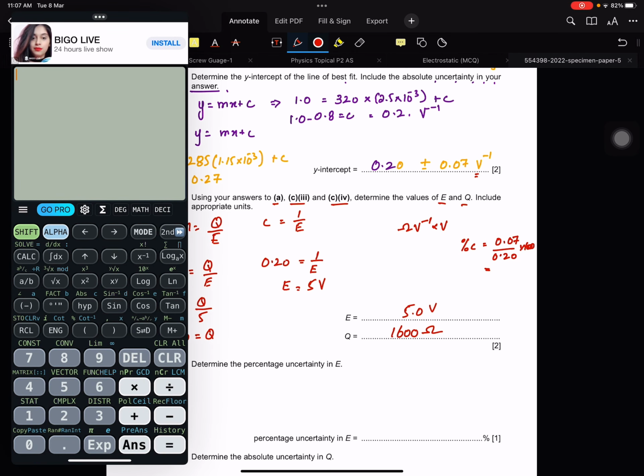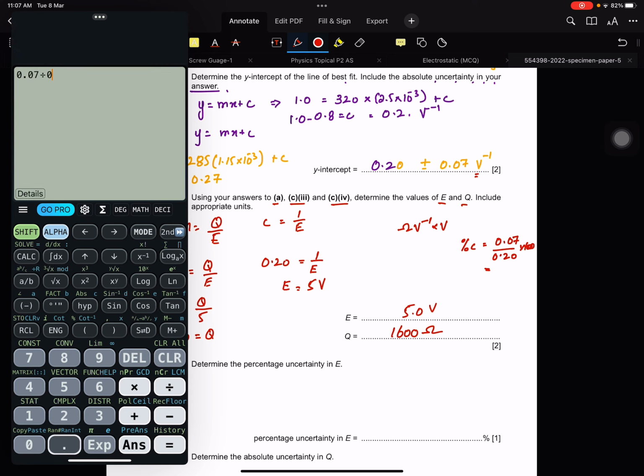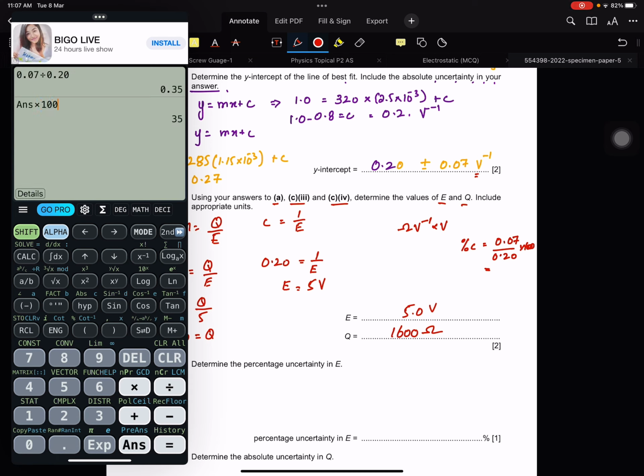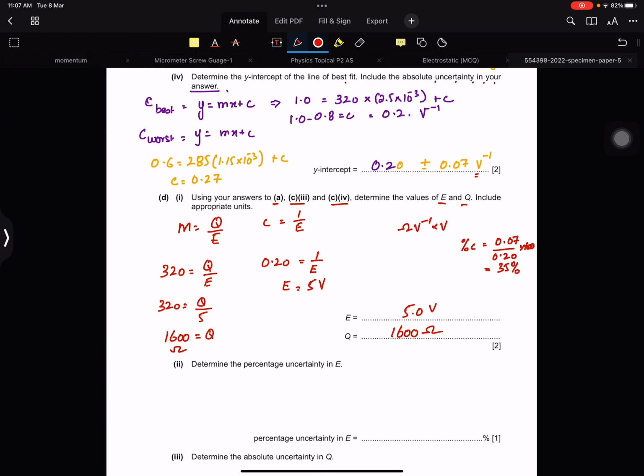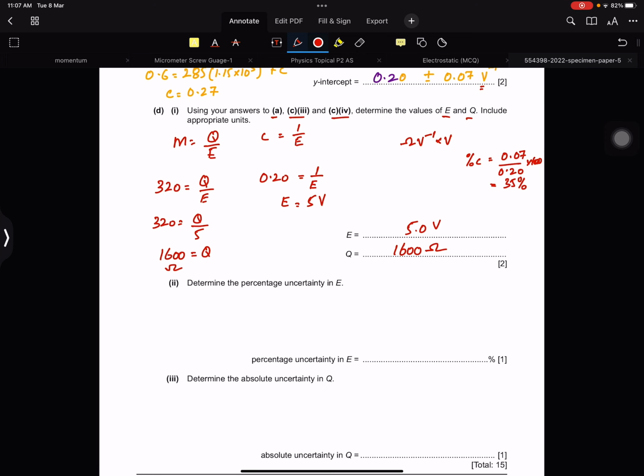Sorry, the page is ending. 0.07 divided by 0.20, multiply by 100%, so that's about 35%. So the percentage uncertainty is also carried in E, the same one. I'm going to write that the percentage uncertainty in E, because it is dependent on that, is the same thing, so that's 35%. That's super easy.